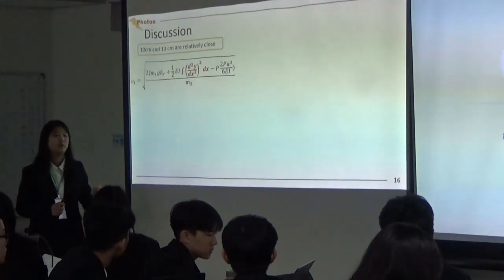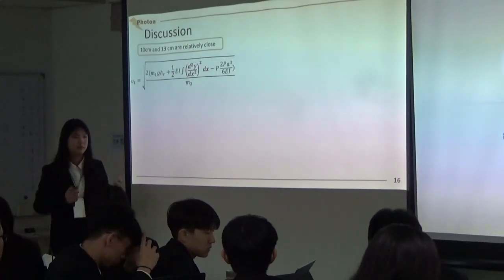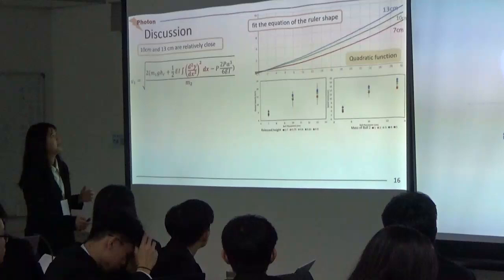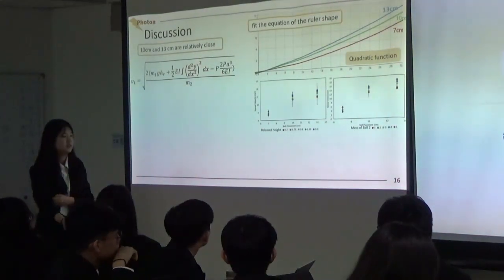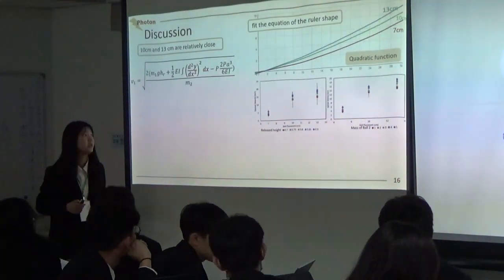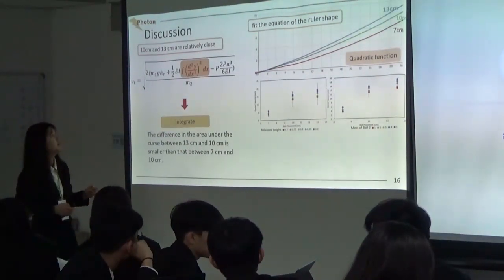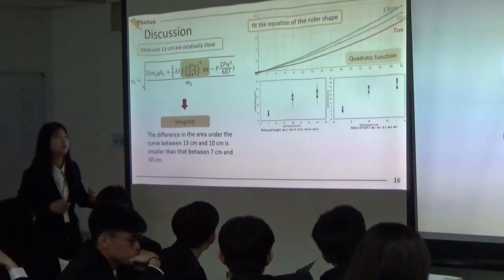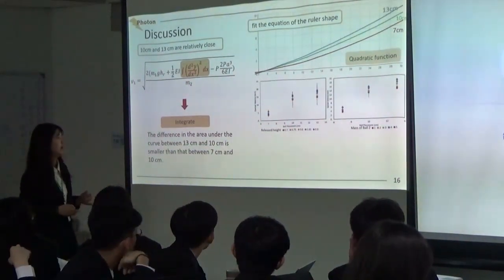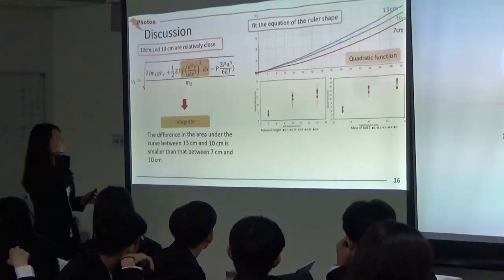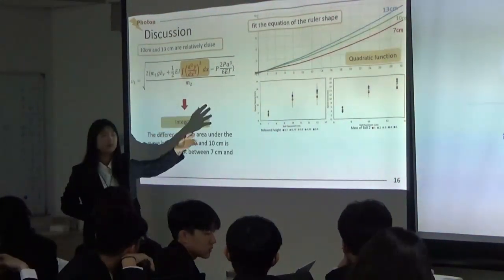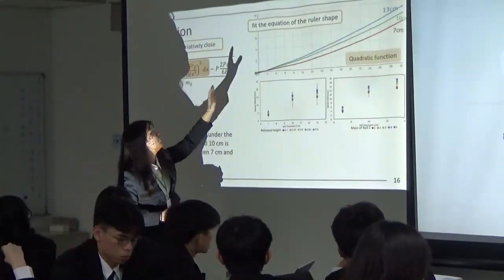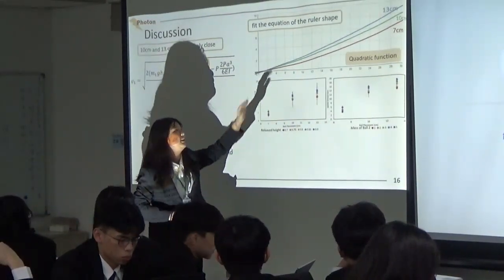So we turn back to our theoretical curve, and we consider the initial elastic potential energy. We consider this term our integral that can tell us the deflection of the ruler. We use Python and the projective function to fit the equation of the ruler shape, and we get this chart.